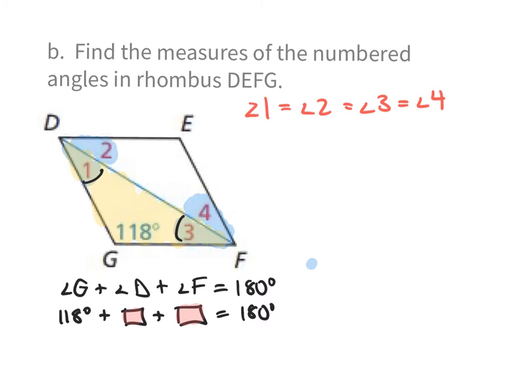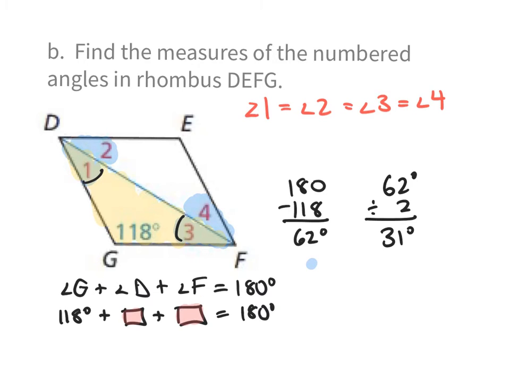So here's what we're going to do. We're going to take 180 degrees and subtract 118 degrees, which would give us 62 degrees. Now, because we have 2 angles, angle 1 and angle 3, that are both the same, that 62 degrees needs to be split up into 2 parts. So I'm going to divide it by 2 and get 31 degrees.